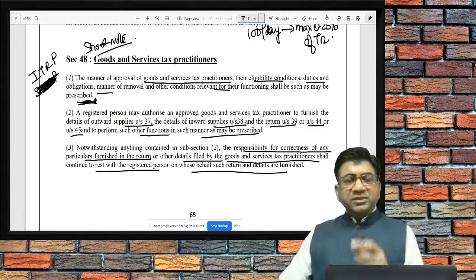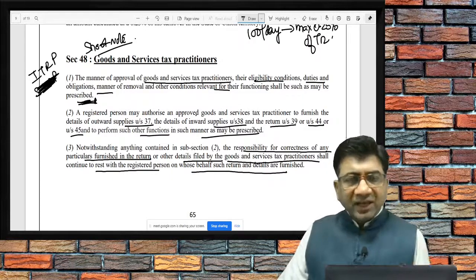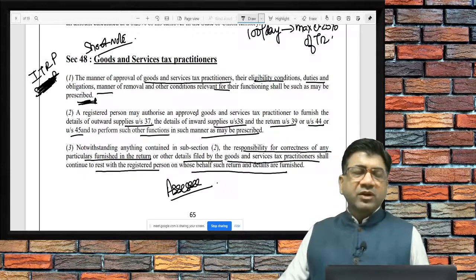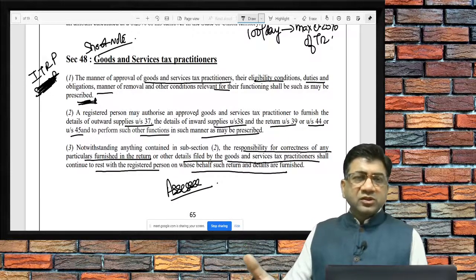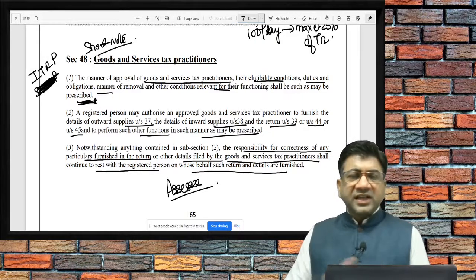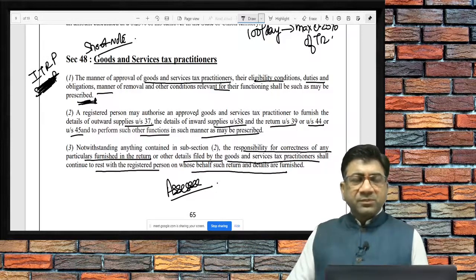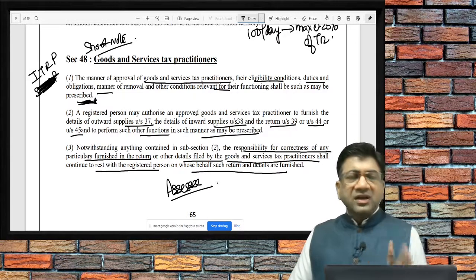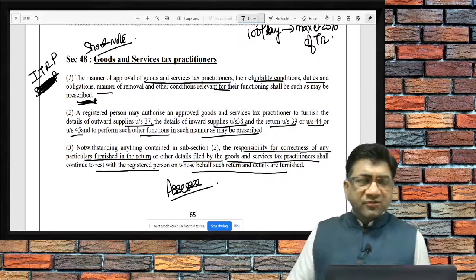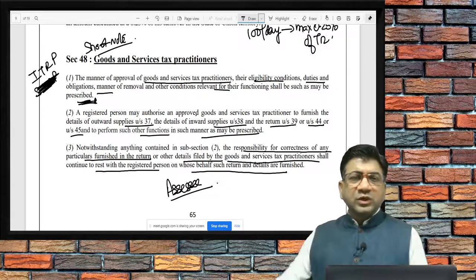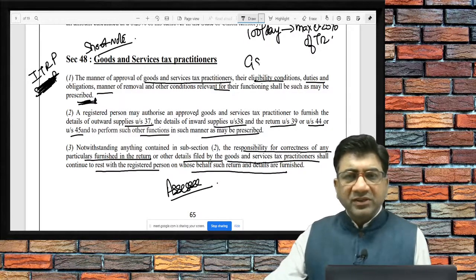The responsibility for correct details will lie on the assessee and not on the GSTP, because he is just helping you out. So GSTPs are those people for whom government will give free training. I think minimum charges, if any, are there. So government gives them free training and you get a certificate that you are a GSTP.